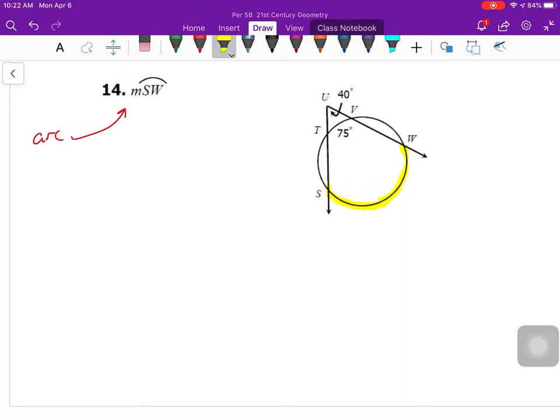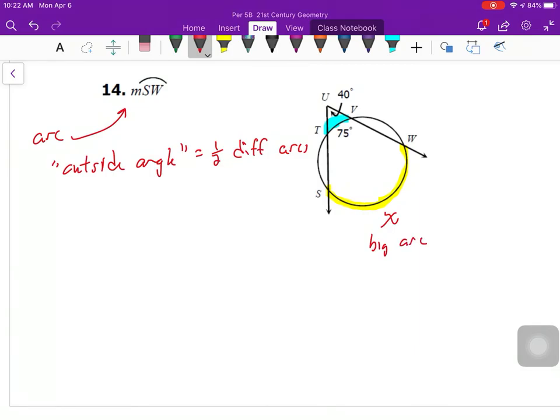Okay, looking for arc SW. SW would be this one right out here. I can use x this time, so I'm going to call that x. We have this arc, and it looks like we're dealing with an outside angle. So that's going to be half the difference of the arcs. This is the big arc.